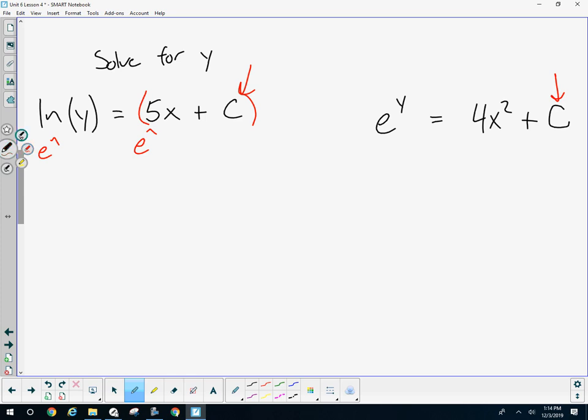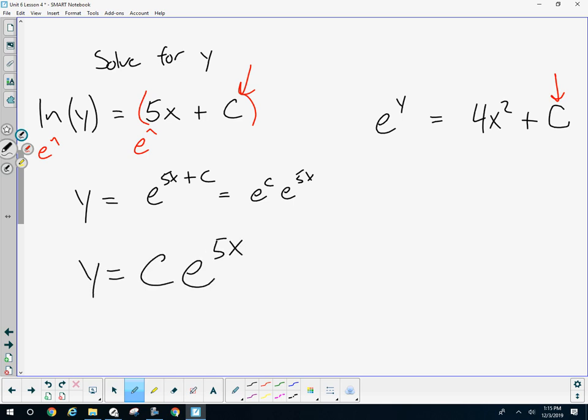But in this situation, we do not say the right side would be e to the 5x plus c. This is wrong, because it's e to the entire right side. The plus c goes in the exponent. And just like I told you, we can use exponent rules, and all of a sudden, this plus c turns into a c times e to the 5x.